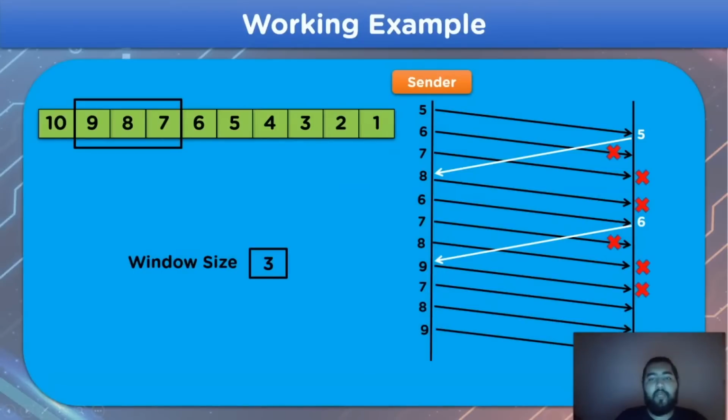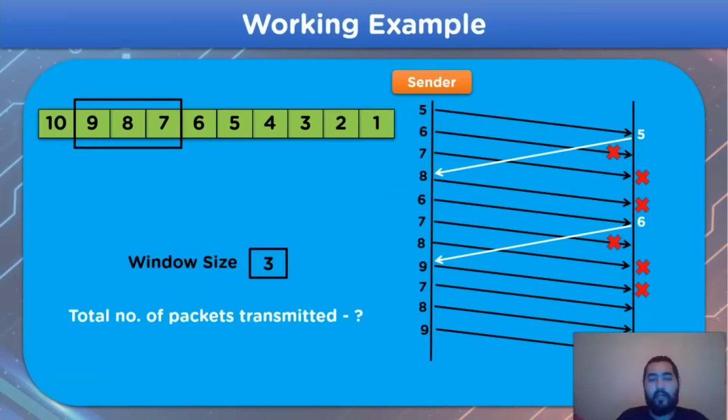Now similarly, following all the previous steps, we can complete this network model using the Go-Back-N ARQ protocol. But this is work you have to complete: find out the total number of packets that were transmitted from the sender to the receiver side, and give your answers in the comment section.